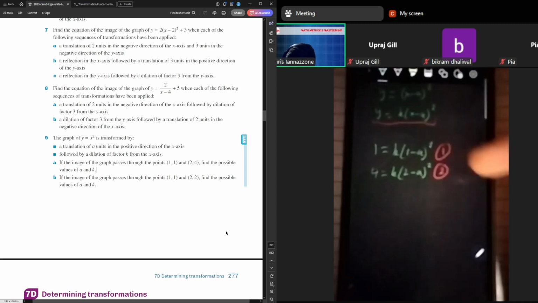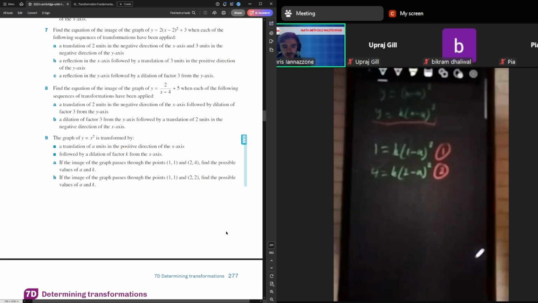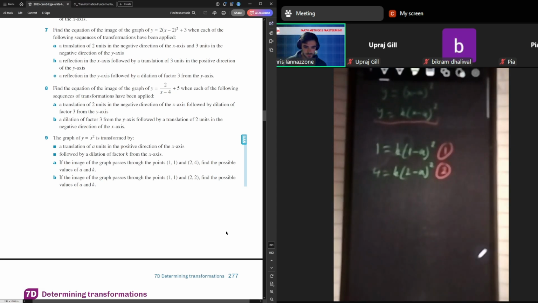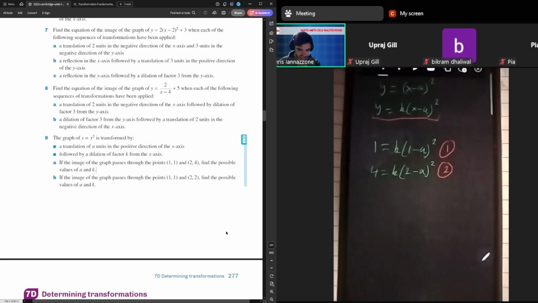Now, if you had to do this by hand, what might you do? Would you multiply the first function by 4? Potentially.